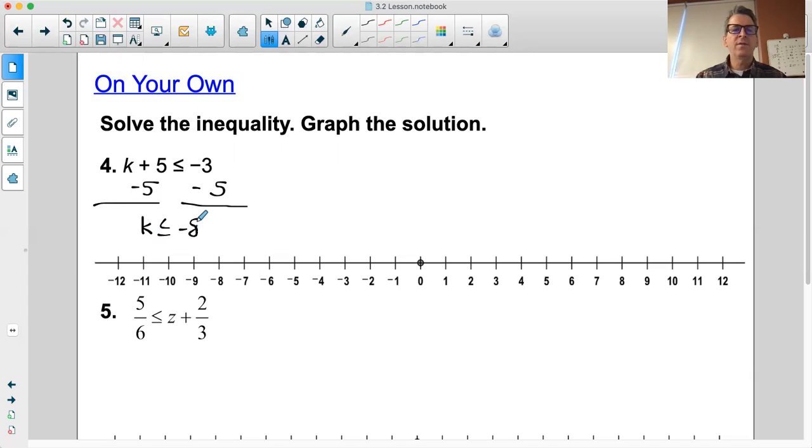Let's find where -8 is, and we're going to put a solid dot at -8. The solid dot at -8 indicates we're including the -8. We're also going to graph all of the solutions less than -8, which means shading everything to the left. In this case, k is less than or equal to -8.